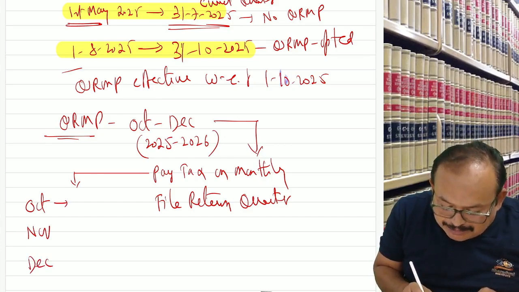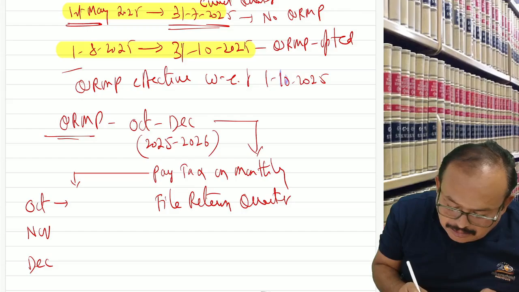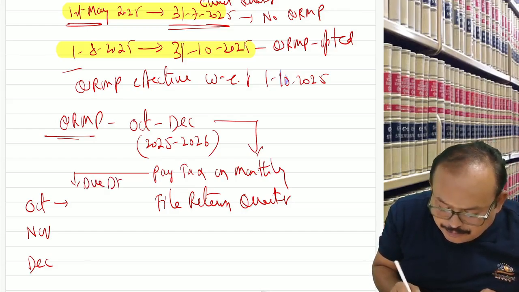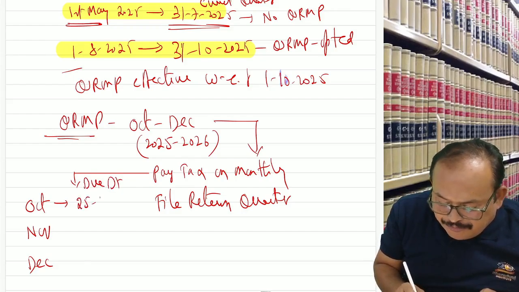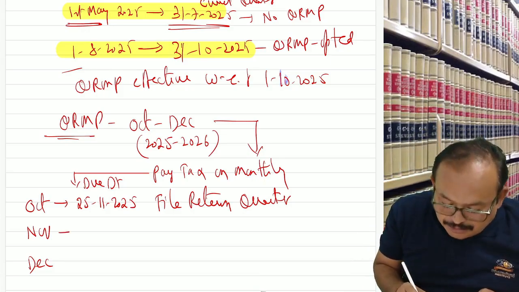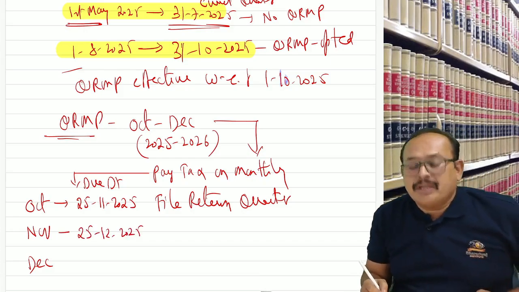For the October month, the payment due date is 25th November 2025. For the November month, the due date is 25th December 2025.